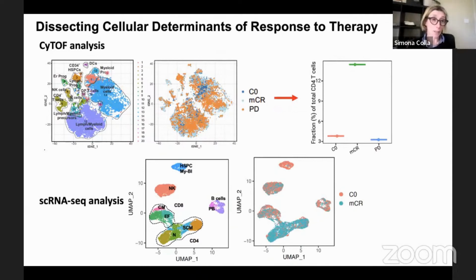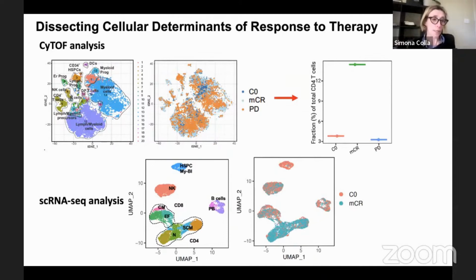We started with an analysis by CyTOF. CyTOF, you know what it is, a flow cytometry plus protein. So we had a panel including all the antigens to dissect the different hematopoietic populations, as well as other antigens to dissect the pathways inside.